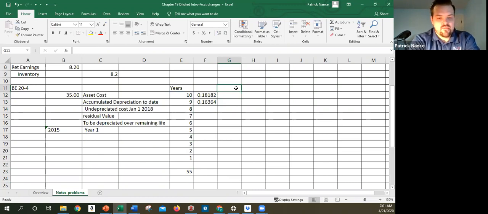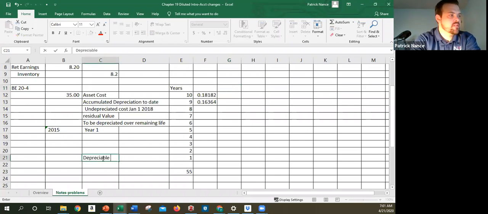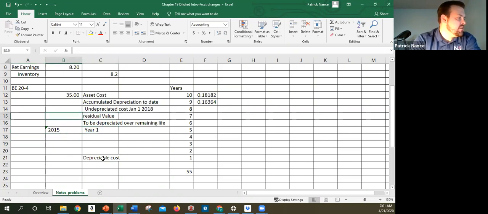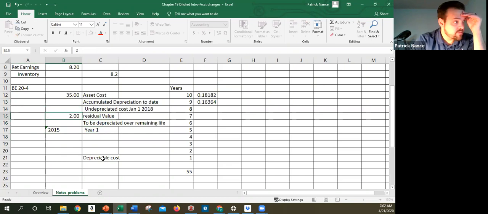So, for example, let's figure depreciable cost real quick. Depreciable cost is the asset cost minus residual value. So residual value is expected to be 2 million. So the depreciable cost is 35 minus 2.